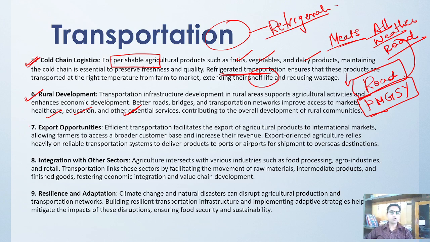Then export opportunities. If you have proper transportation using ships and containers, and planes are there, they are equipped with various types of refrigeration facilities and everything. So you can transport your product to the international market. We are selling rice, we are selling vegetables, and especially mangoes.